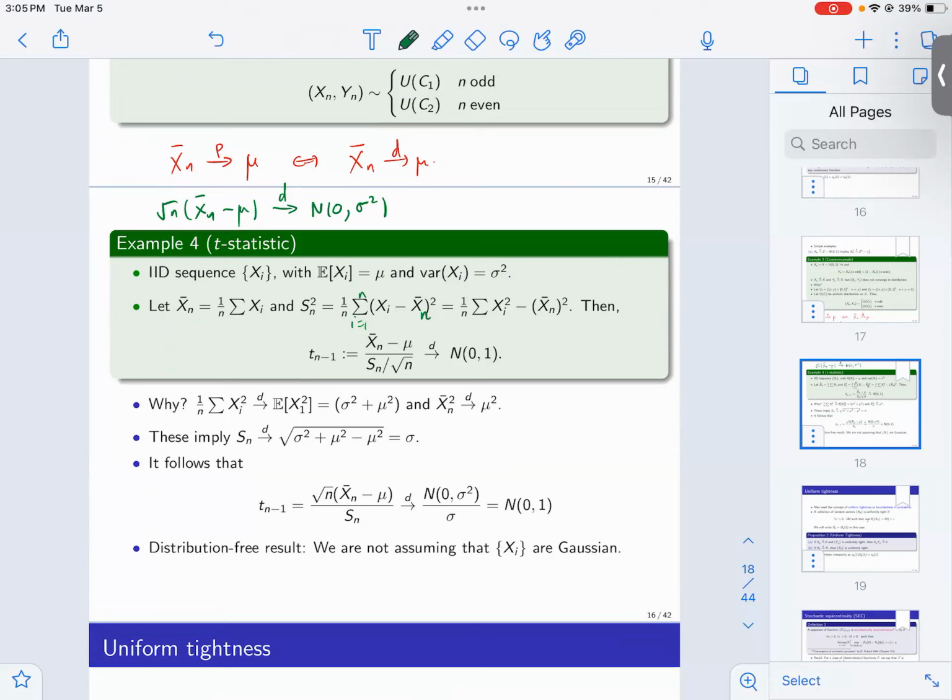So this says the t statistic converges in distribution to a normal when n is large. This is a distribution theory result because we're not assuming X comes from a normal distribution. Finite sample analysis would show that if they come from a normal distribution, this has a t distribution with n minus 1 degrees of freedom.